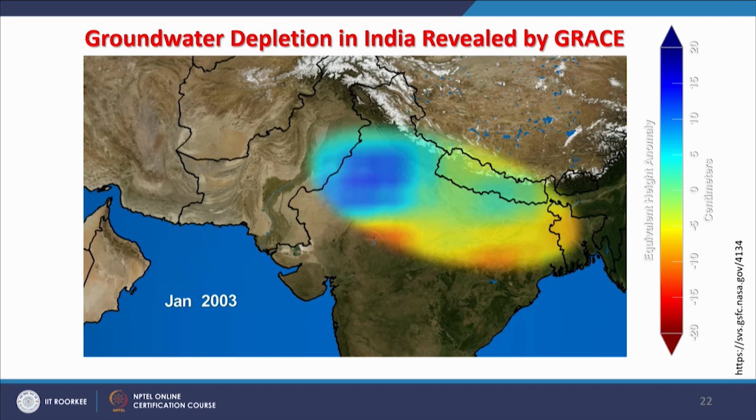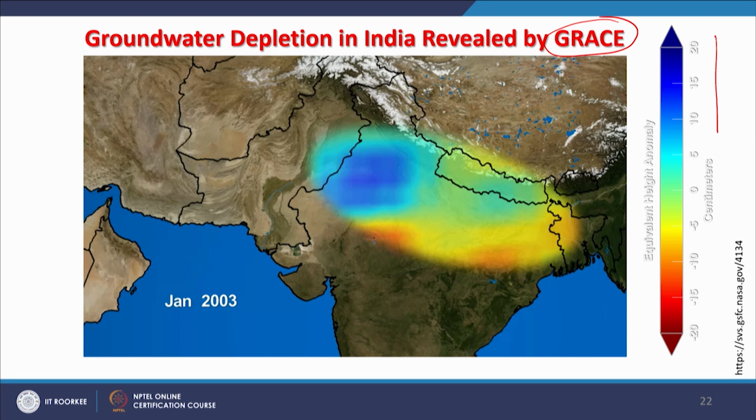Now, there are some other remote sensing based methods, and there was one mission, the GRACE mission, that used gravity based changes to show the depletion of water, especially in northern India. You can see which part is showing groundwater depletion, these red areas.